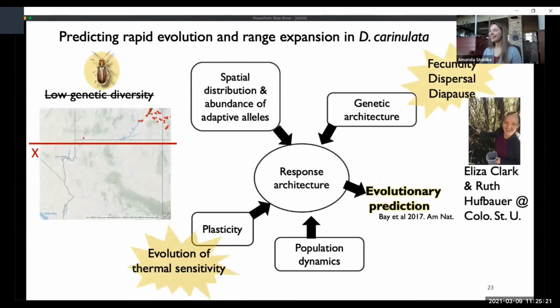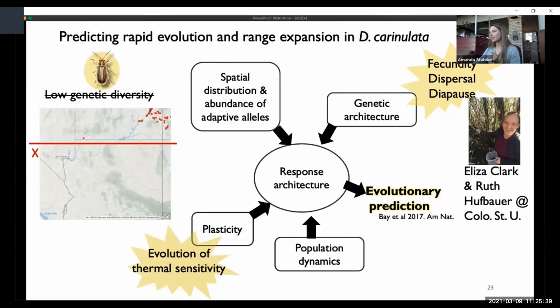So how is this happening? I like to think about this in terms of the response architecture. And we're tugging at this knot in lots of different directions. And I'll just briefly make a shout out here to the work that's ongoing.